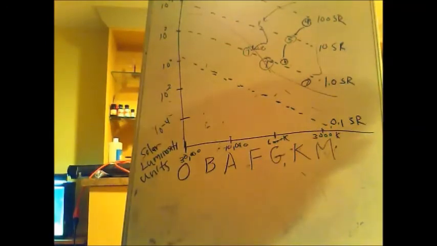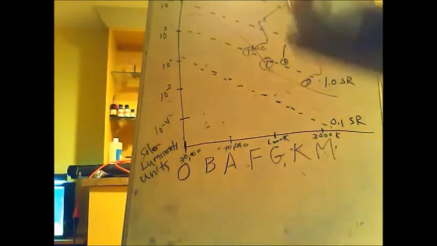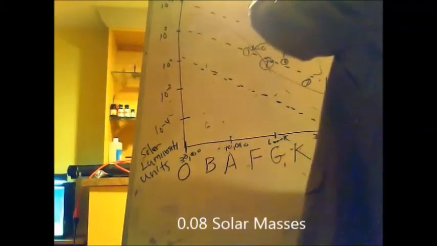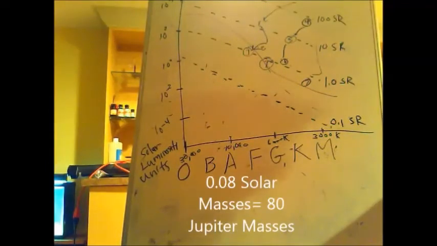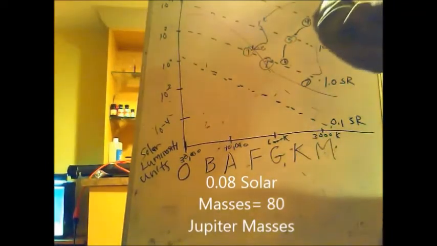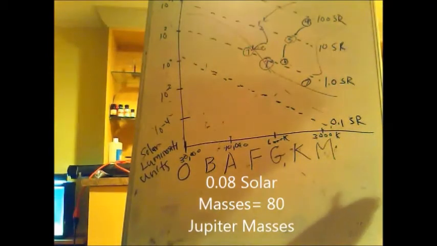Okay, some cloud fragments are too small to even become stars. In order to initiate hydrogen fusion, you need a mass of at least 0.08 solar masses. That's about 80 Jupiters, so 80 times the mass of the planet Jupiter.